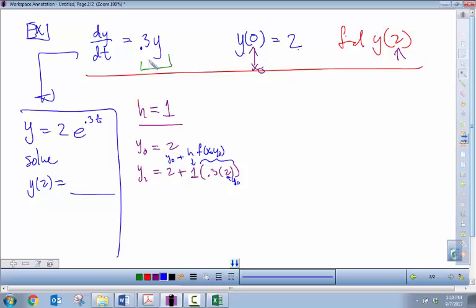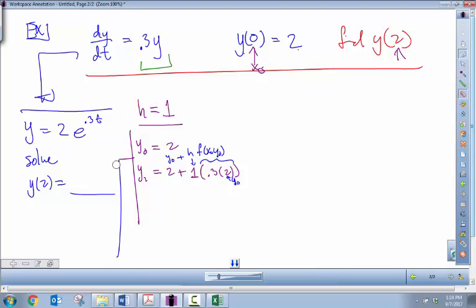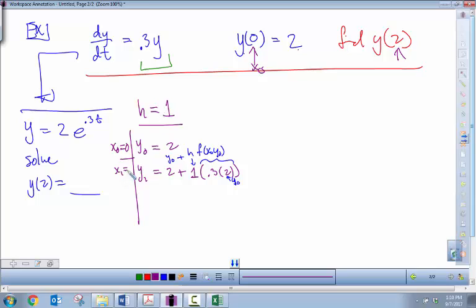Okay, y of 2. I should put my x-axis here too. So our x sub 0 is equal to 0. And x sub 1 is going to be 0, the initial value, plus the h step that we took.